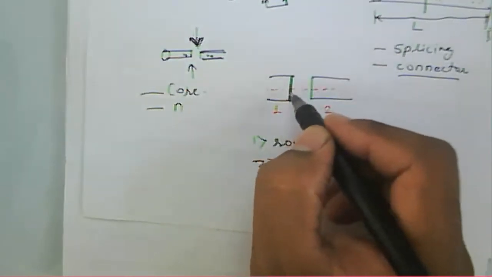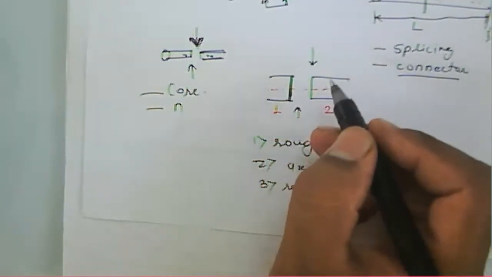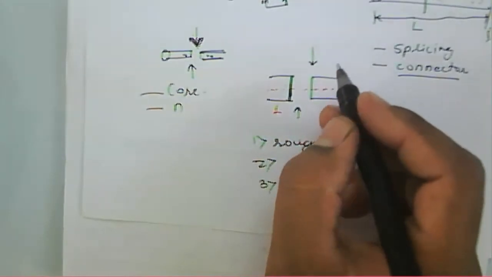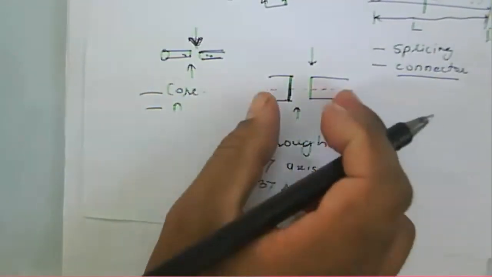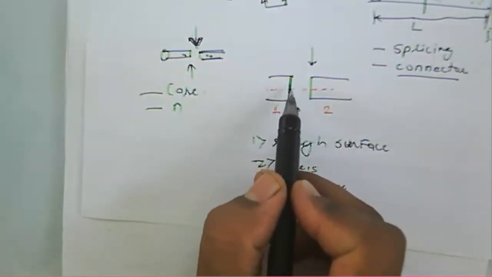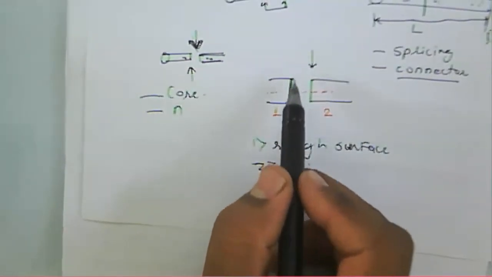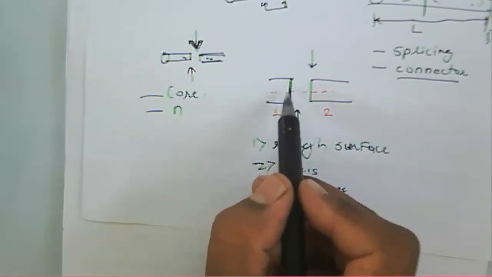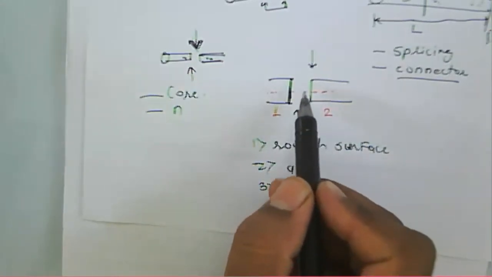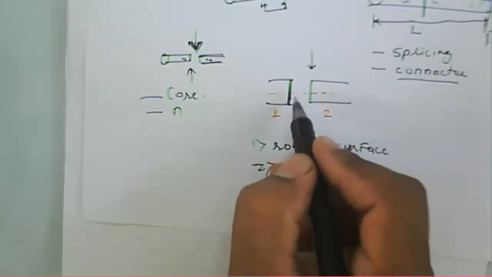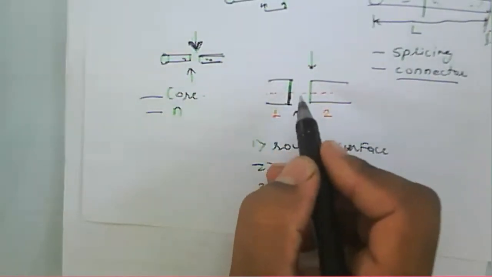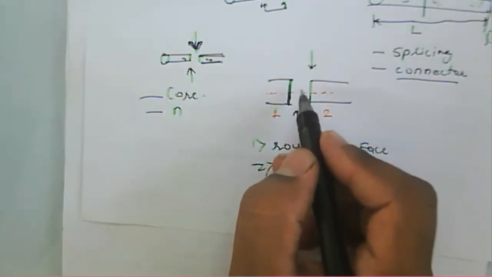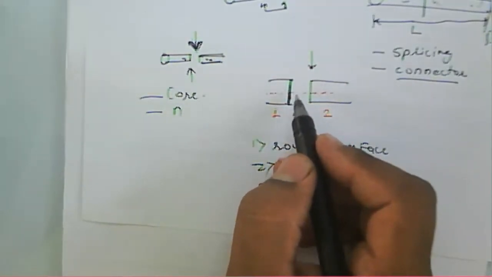Because of that variation in the refractive index, losses will occur at that joint. Or even if the two fibers are not matched, there may be air in between, so at the interface between fiber 1 and fiber 2, air will be the medium, and because of that air, a small refraction or reflection occurs at the interface.